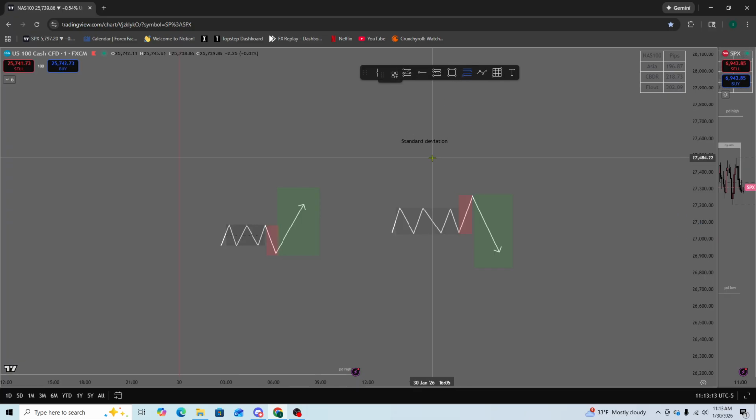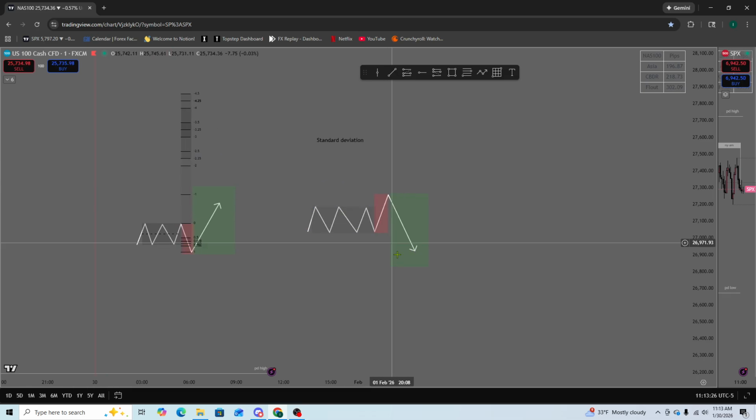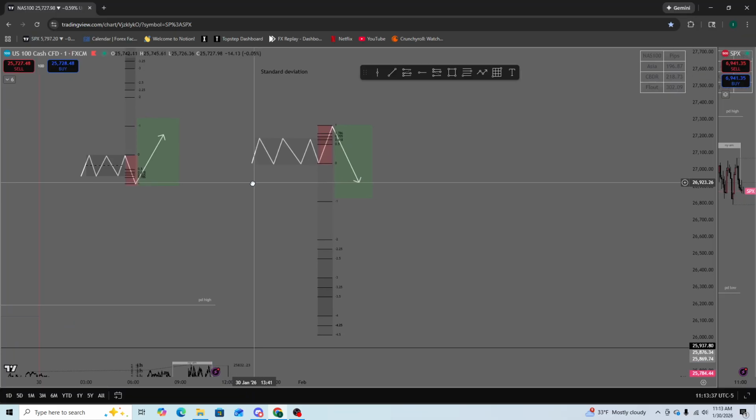So to anchor it, if we're manipulating down to go up, we draw it from the bottom to the top of the leg, and that gives us our zones. And then if we're doing it from a manipulation leg up, we take it from the top to the bottom of the leg.